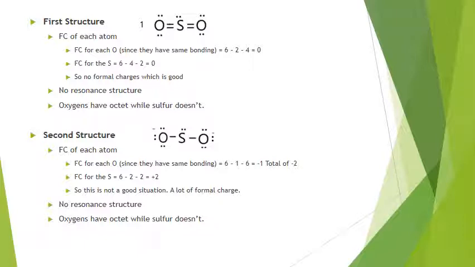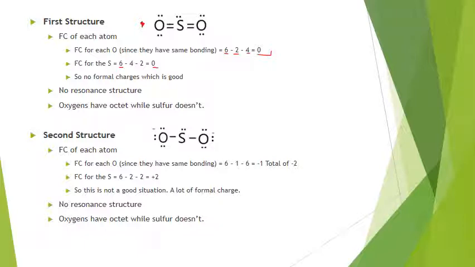In the first structure that we came up with, two double bonds, the formal charge for the oxygen is going to be, remember, 6 valence electrons. It has two bonds and 4 dots. So the formal charge is 0. The sulfur also has 0: valence 6, 4 dashes and 2 dots, 0.